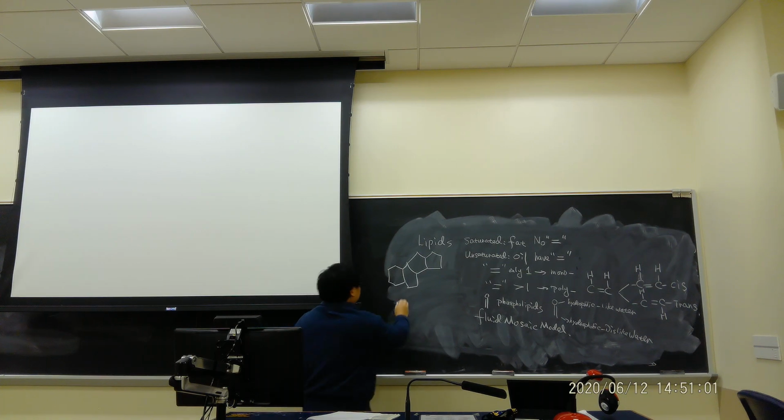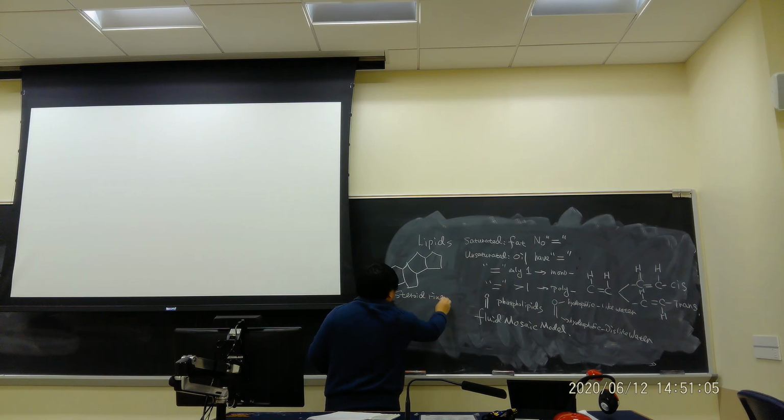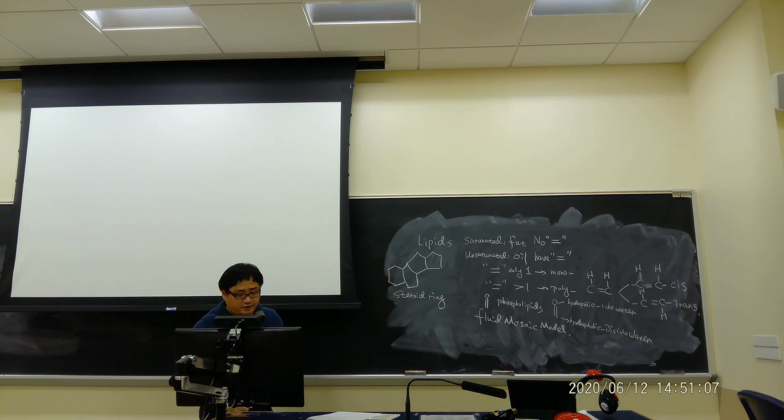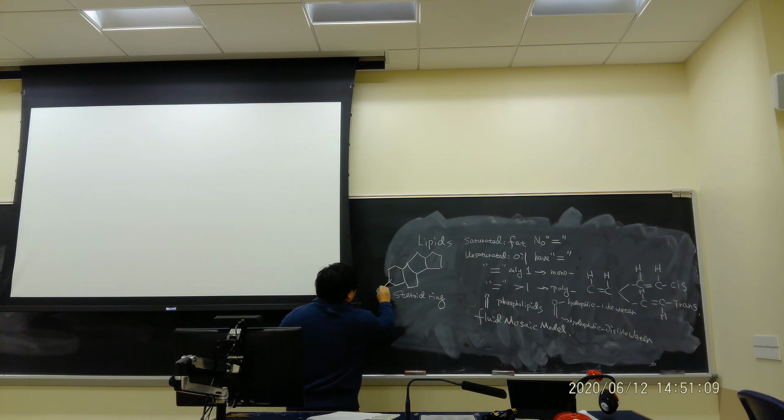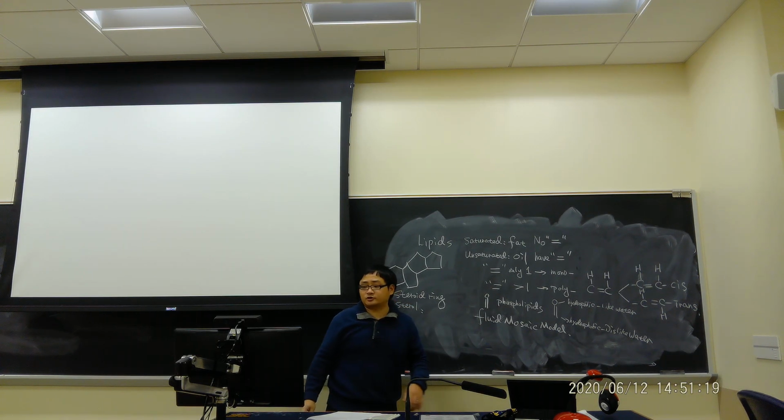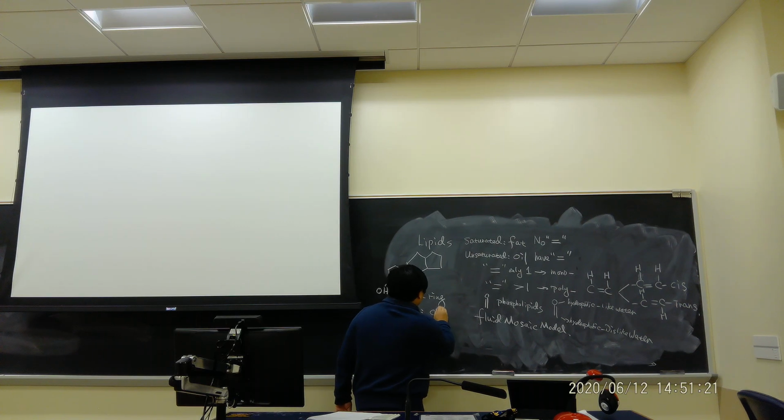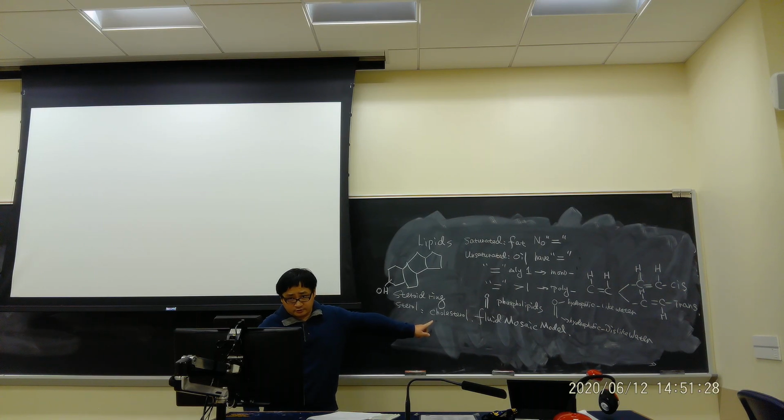This we call a steroid ring. And if this steroid ring has an OH, a hydroxyl group, added there, it becomes a sterol. What's a good example of a sterol? Cholesterol. Is that right? We don't like that.